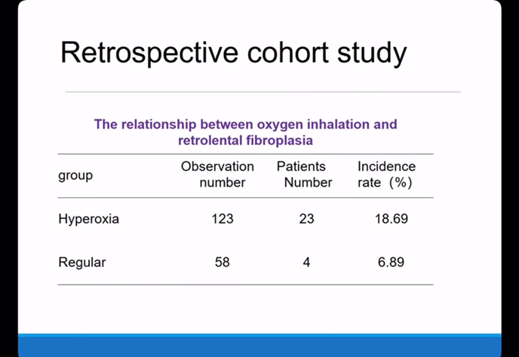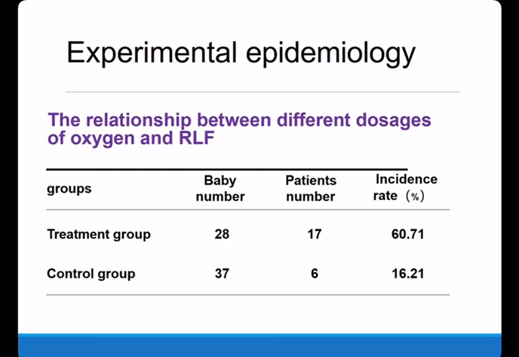To further confirm and verify this hypothesis, they performed an experimental epidemiological study to test the relationship between different doses of oxygen and retrolental fibroplasia, in which they separated the babies into two groups, one treatment group and one control group.